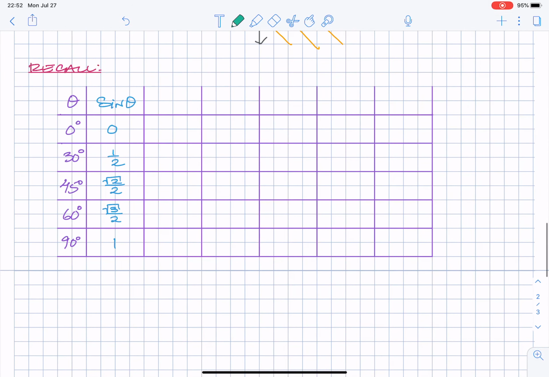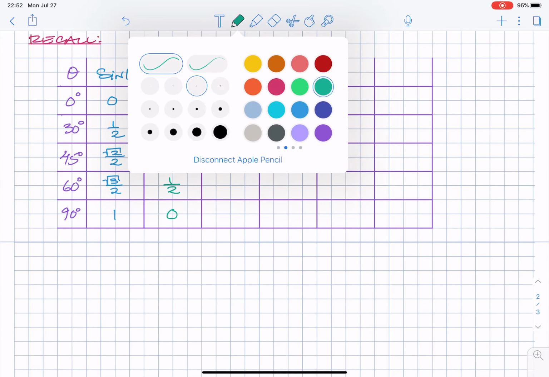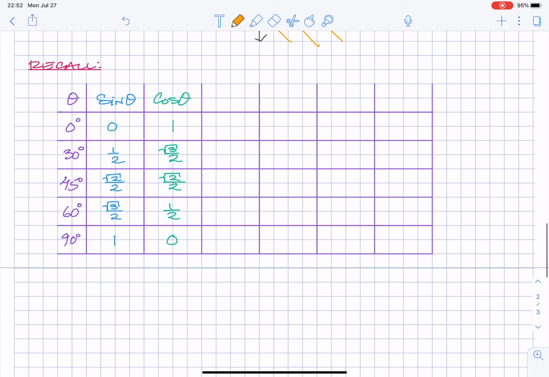Okay, so now let's do cosine of theta. Cosine is the x-coordinate over the radius. So cosine of 0 is 1. Cosine of 30 degrees is the square root of 3 over 2. Cosine of 45 degrees is the square root of 2 over 2. Cosine of 60 degrees is 1/2, and cosine of 90 degrees is 0. Now let's do the quotient, tangent.